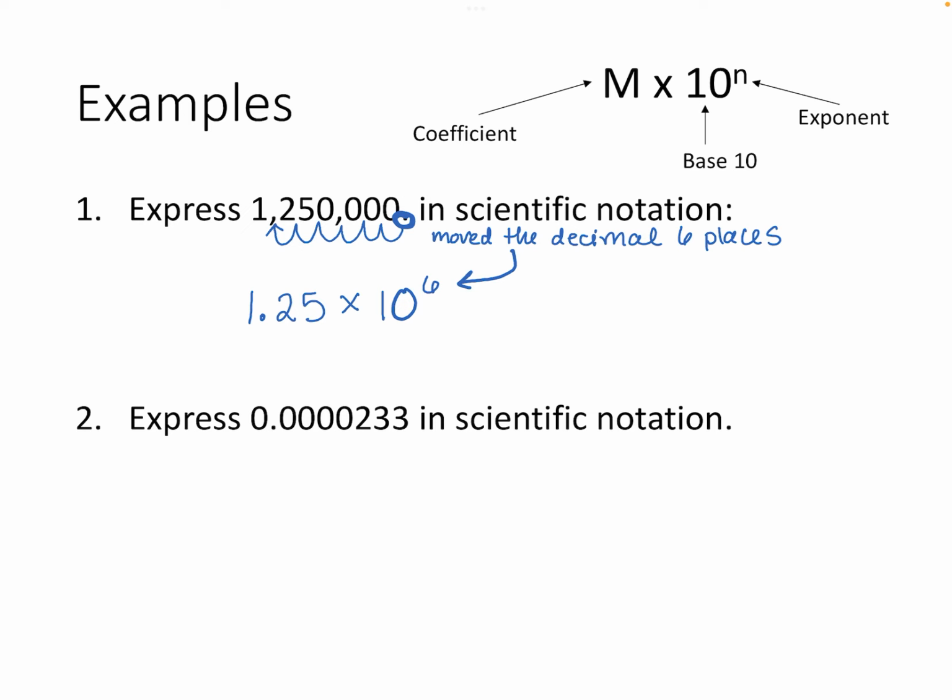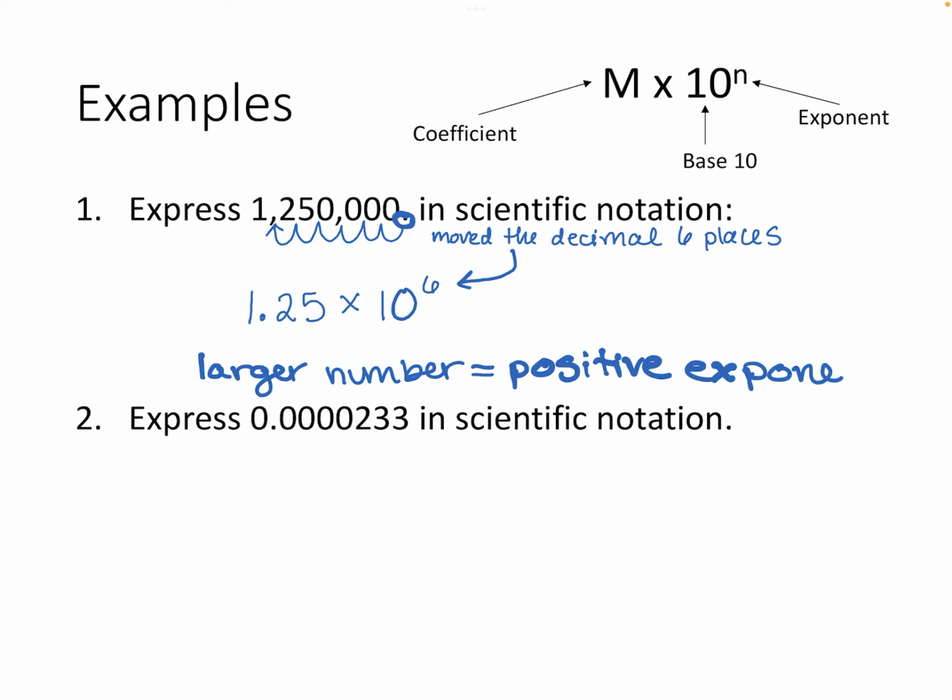Now, again, remember, if we have a larger number like this one, which was greater than 1,000,000, right? So this is a larger number. That means we have a positive exponent. The other way to think about it is that the decimal moved to the left.